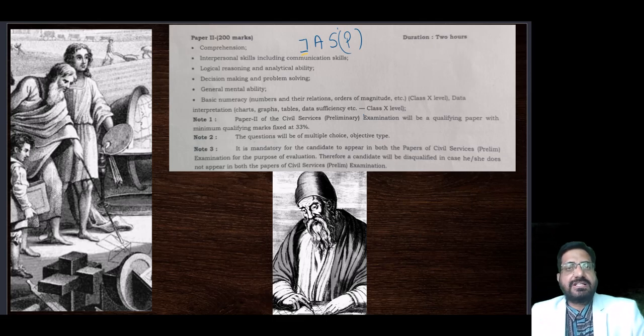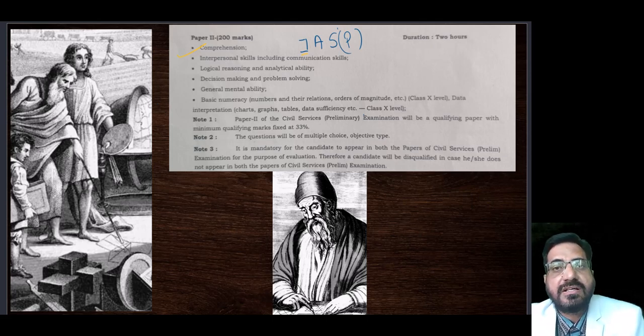So this is the syllabus for IAS Preliminary Exam Paper 2, which is popularly called CSAT. It includes comprehension, interpretation, interpersonal skills including communication skills, logical reasoning and analytical reasoning, decision making and problem solving, general mental ability.